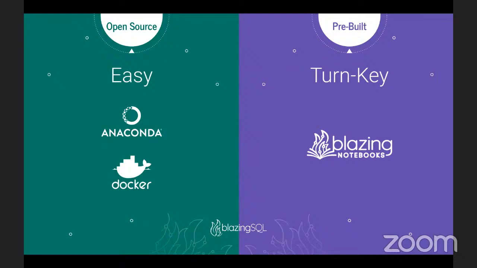Or, as we will do today, you can use this pre-built turnkey BlazingSQL Notebooks offering. Today we are going to use this free offering, where you can start running BlazingSQL and RAPIDS queries directly in the cloud.